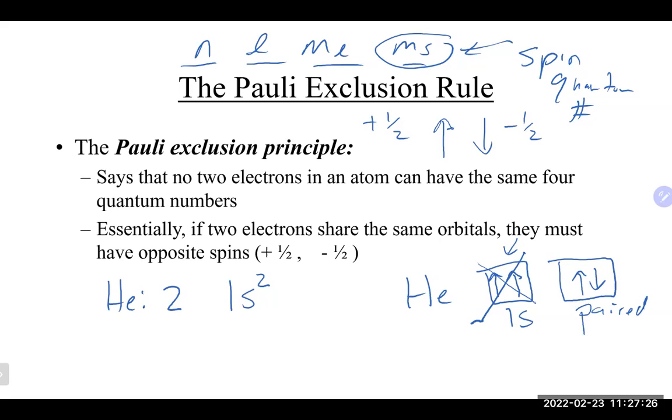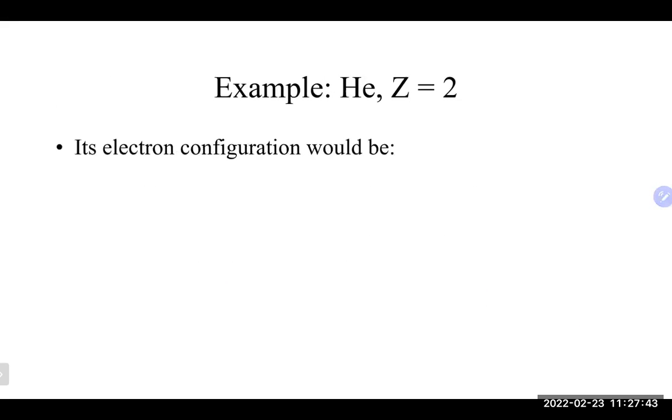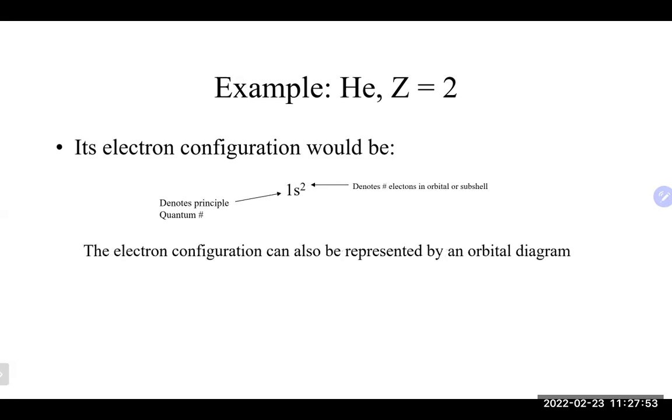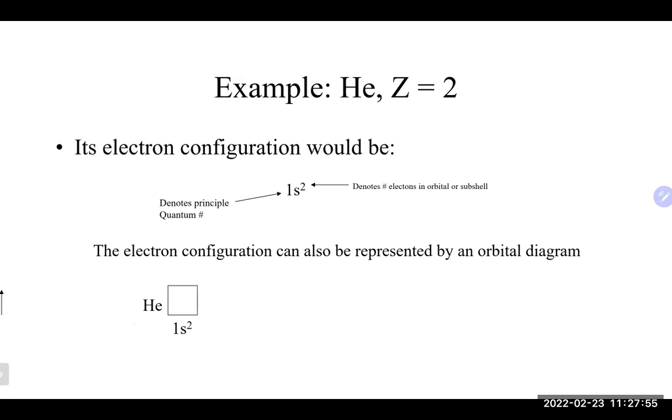So when putting electrons within the orbital, first one always goes up, second one always goes down within the same orbital, and that means that you will not violate Pauli's exclusion rule, and those electrons will have 4 different quantum numbers. That does occur here with helium. Again, 1s2 is the electron configuration, and in our box, the first electron goes up and the second electron goes down to fill it.